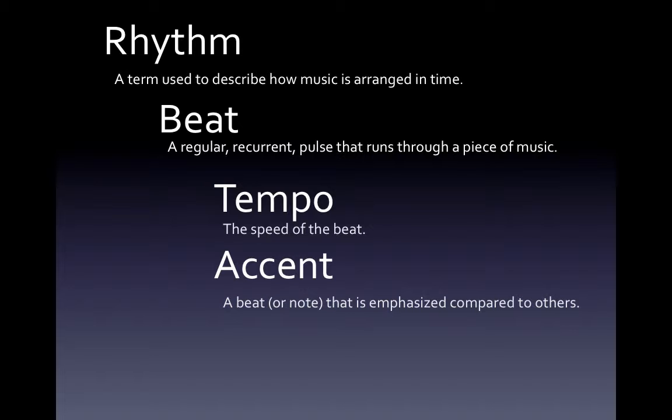Now, in our discussion of rhythm, we've talked about the beat, that regular recurrent pulse. We've talked about the speed of the beat, the tempo, and we've talked about the fact that some beats can be emphasized or accented. When a beat is accented, compared with other beats that surround it, beats before, beats after, we start to hear patterns in the music. Okay?